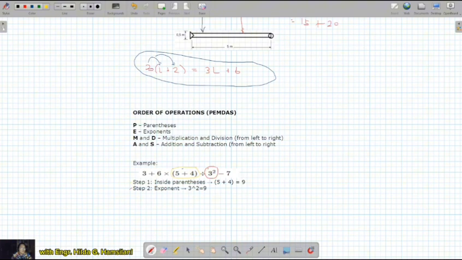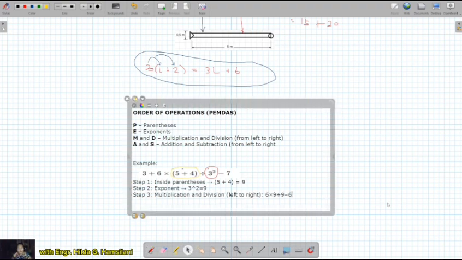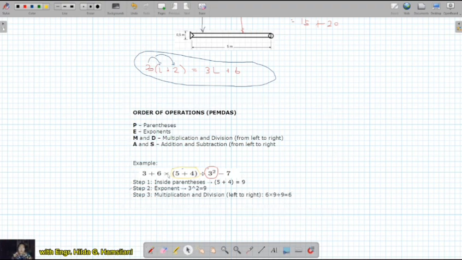And then we move on to step 3, which is the multiplication and division from left to right. So we now multiply this and then divide with this. So what happened here is we multiply this after taking step 1 and step 2 and this one.